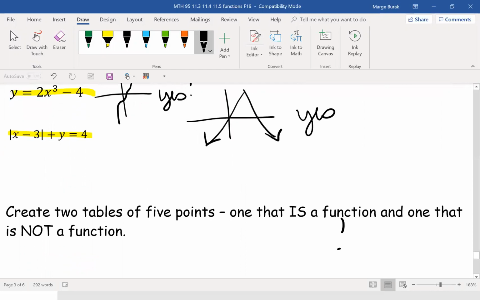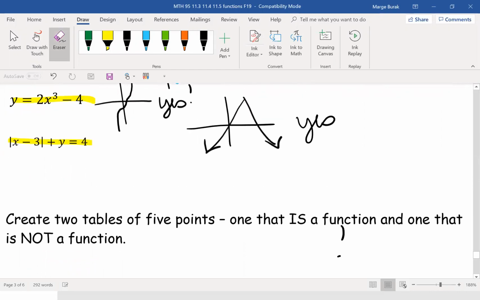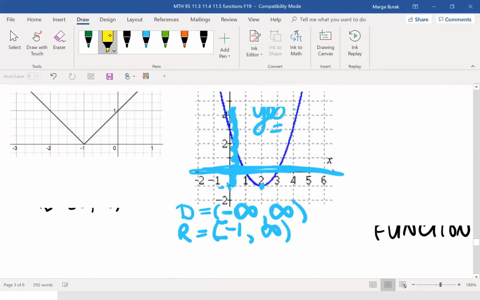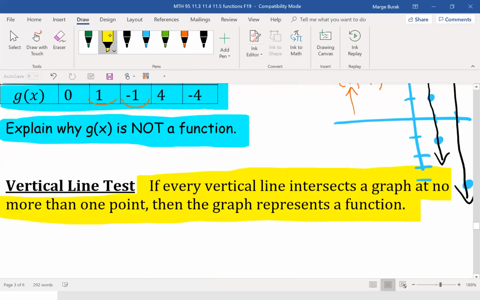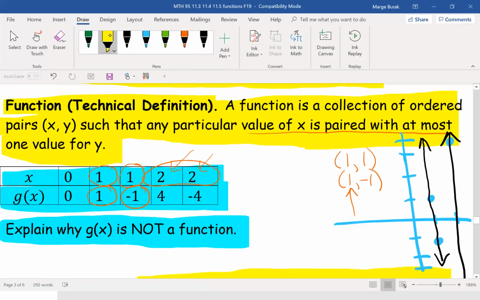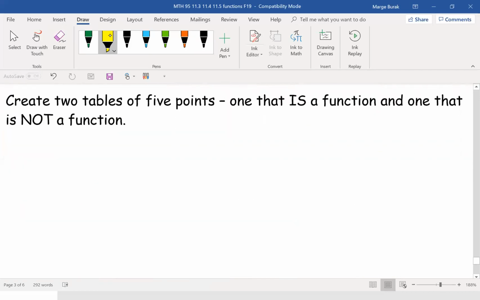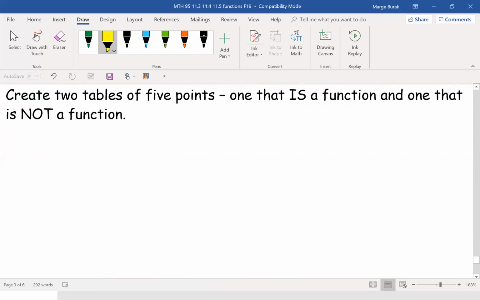All right, so let's talk about one more thing. Well, actually, let's just quickly review. So let's go back to this. All right, so we've got equations, we've got graphs, and we've got tables. And we need to be able to identify which ones are functions and which ones aren't. So let's create 2 tables of 5 points, one that is a function and one that is not.